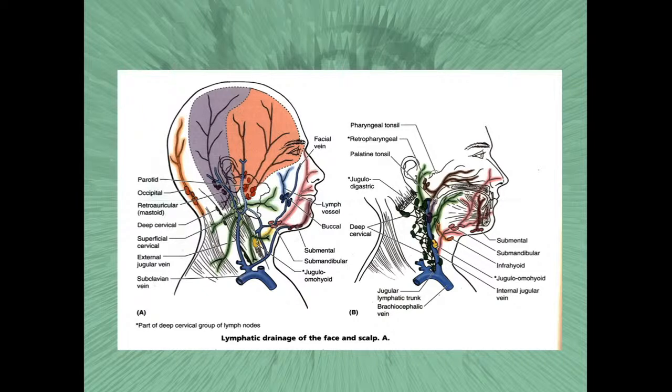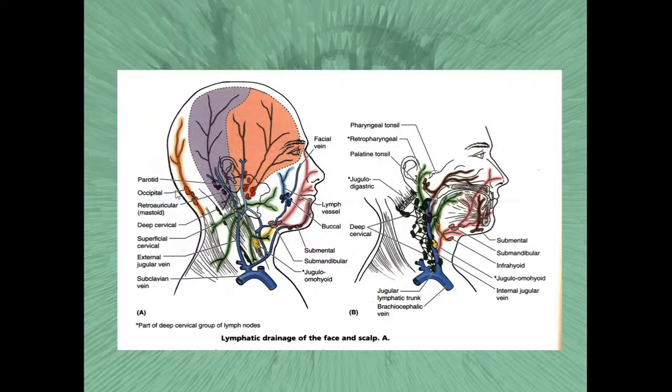Lymphatic drainage from the region of the head starts from the lymphatic capillaries, which form superficial and deep three-dimensional networks. The superficial is located in the skin and the deep in the soft tissues of the head. Then lymph is collected into the lymphatic vessels, which transport it into the regional lymph nodes.